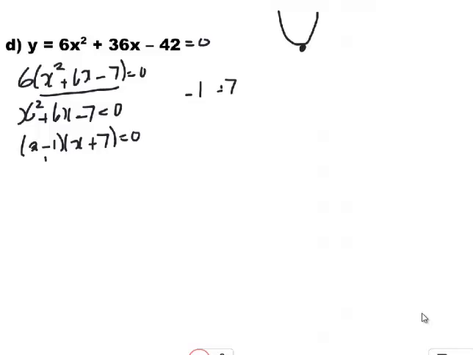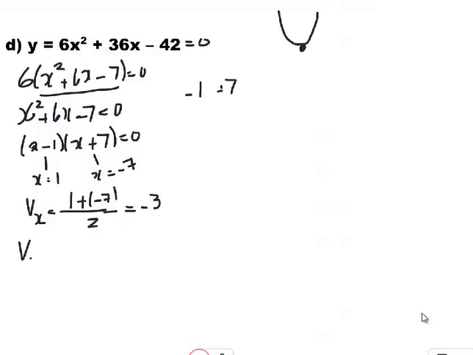Now this one gives me x is equal to 1. This one gives me x is equal to negative 7. Now to find the value of the minimum, I will find the x-coordinate of the vertex, which is the average of 1 and negative 7, divided by 2, which is going to be negative 3. Now I evaluate the value of y when x is negative 3.